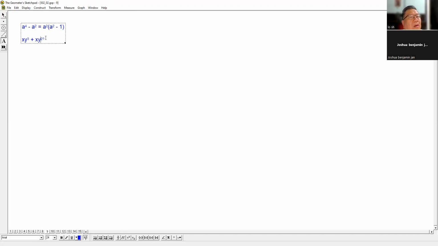How to factorize this? Take out x y to the power of 2, then times y plus 1. This is correct.